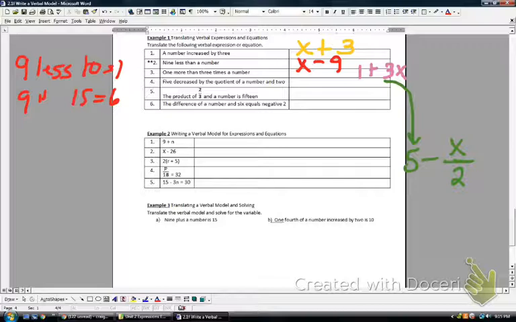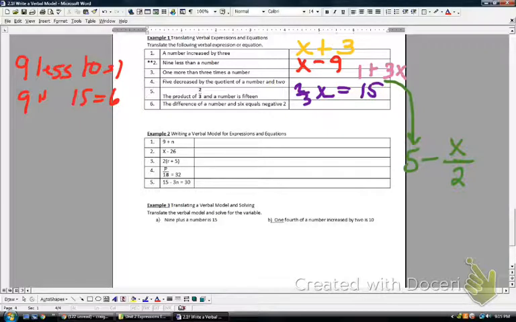Then the next one is the product. Product means to multiply, of 2/3 and a number. So 2/3 times a number, and "is" means equals 15.